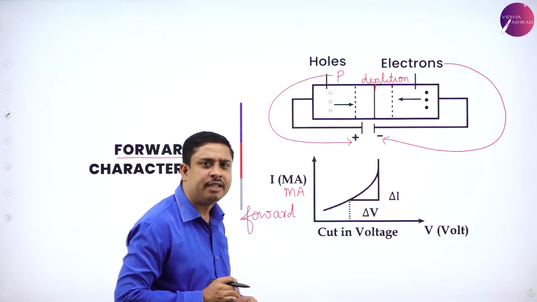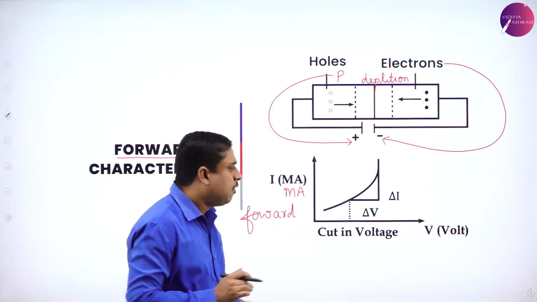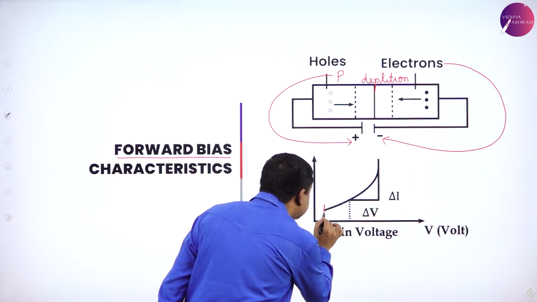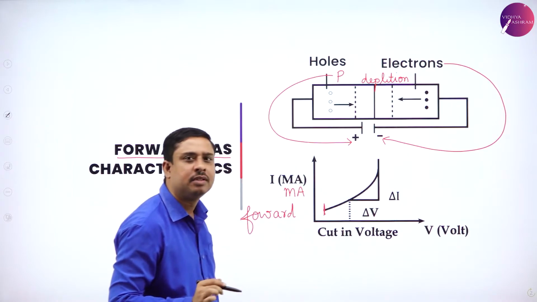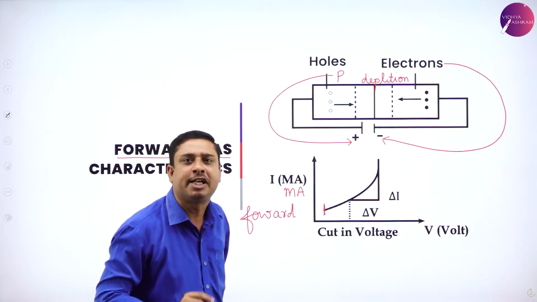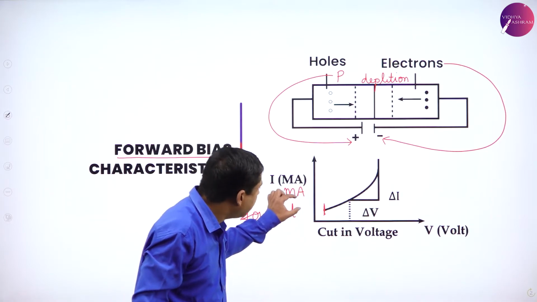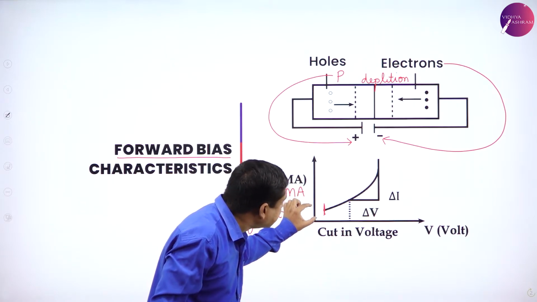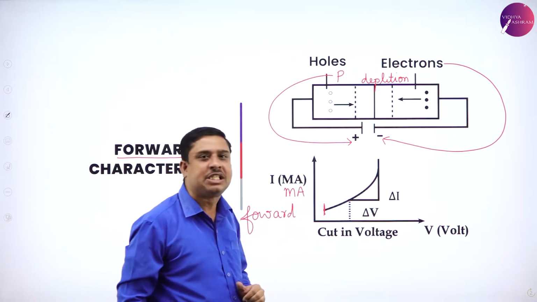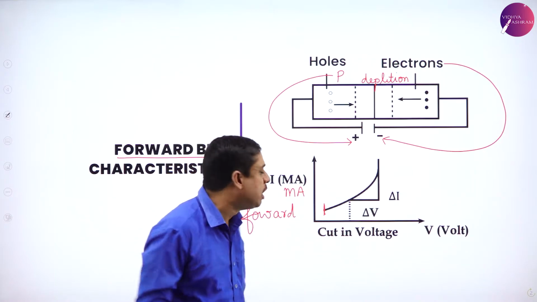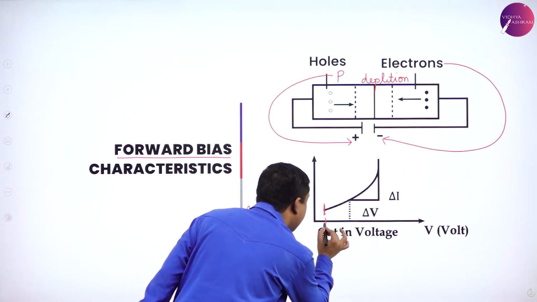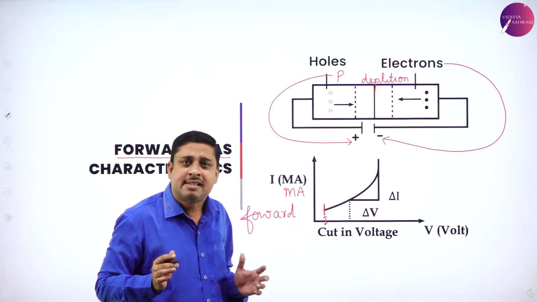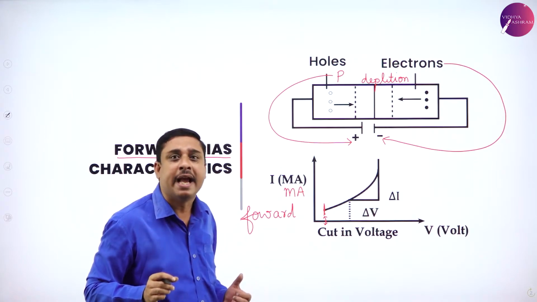You observe here, for a certain input voltage, somewhere until here, there is no conduction at all. As I apply an external bias voltage, somewhere until this part of the curve, still there is no current. Why?